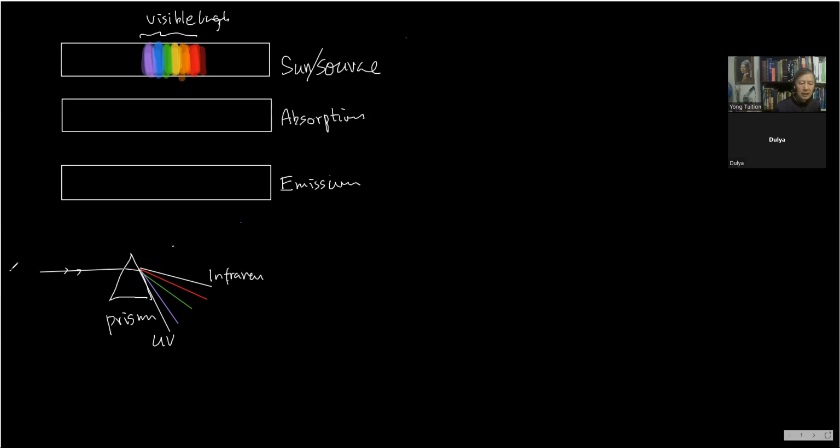So this is the sun. When Newton did the experiment, he was interested to discover the components of the ray from the sun. However, in the 19th century, chemists and also physicists were curious about using this method to study different chemicals.